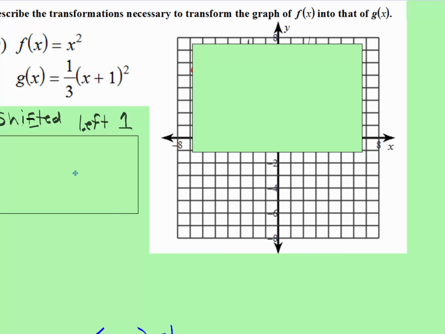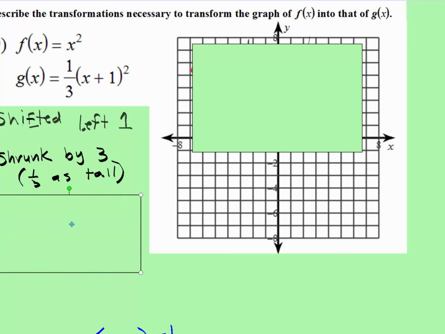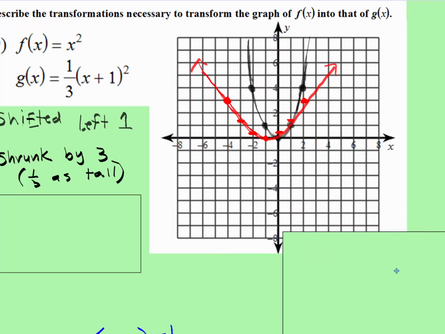Shrunk by a factor of 3, or think about it as 1/3 as tall, and it's going to look like that. The black is the original, we shifted to the left one. Went from here is now here, and then it's 1/3 as tall.